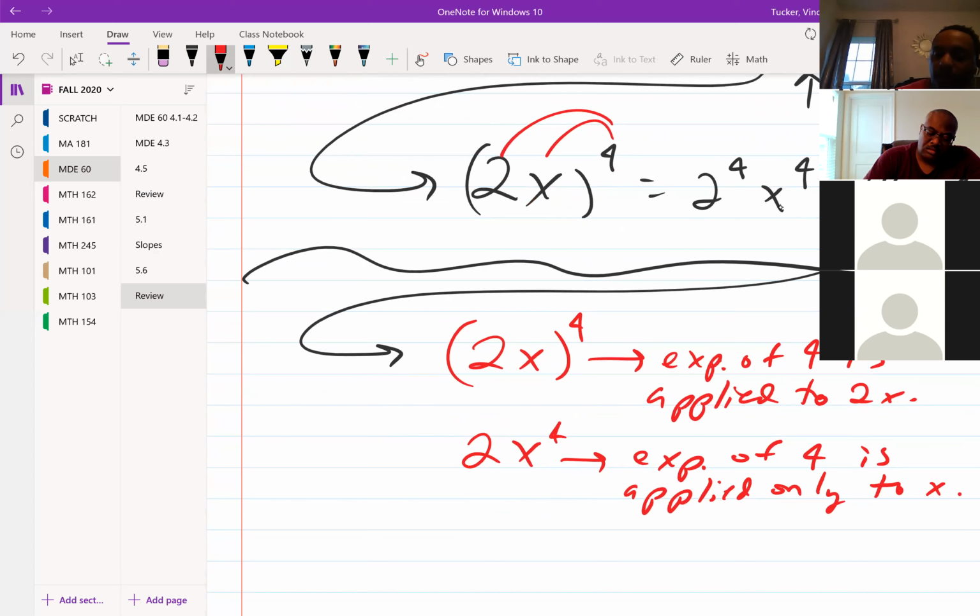So that's the difference between having parentheses and not having parentheses. The exponent of 4 is applied to 2x when you have parentheses, the whole 2x. In the second one, when you don't have parentheses, the exponent of 4 is only applied to the x.